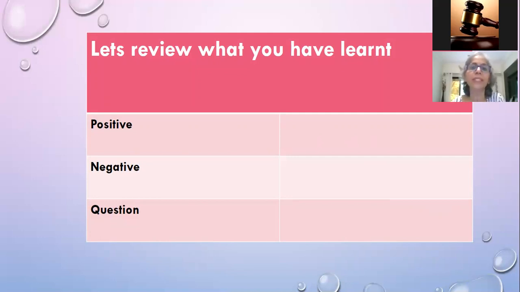So if I'm writing this here, you will write it: subject plus to be plus verb plus ing.